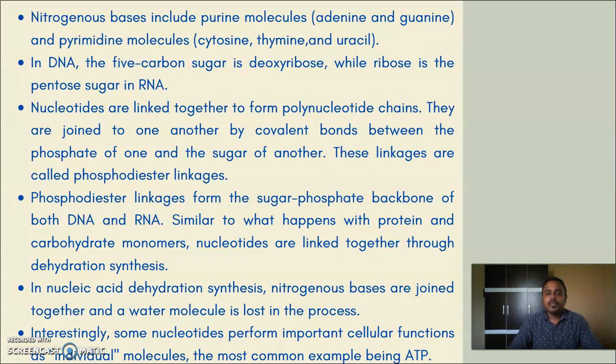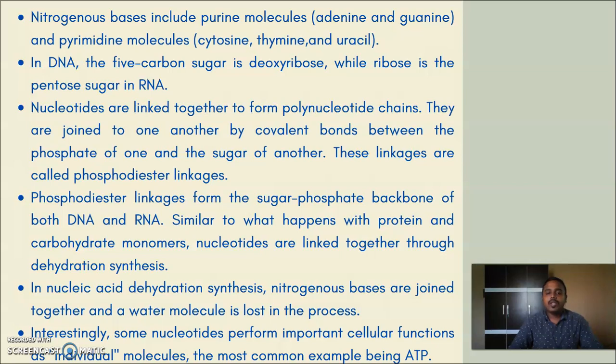This phosphodiester linkage acts as a backbone, or we call it the sugar phosphate backbone, of both DNA and RNA. Why sugar phosphate backbone? As already mentioned, the phosphate of one group is going to join with the sugar of another group. That's why the other name is sugar phosphate backbone.